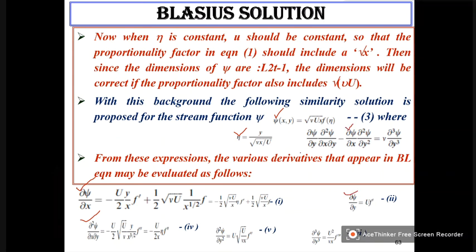I'll show you with arrows. See, this is dou psi by dou x.